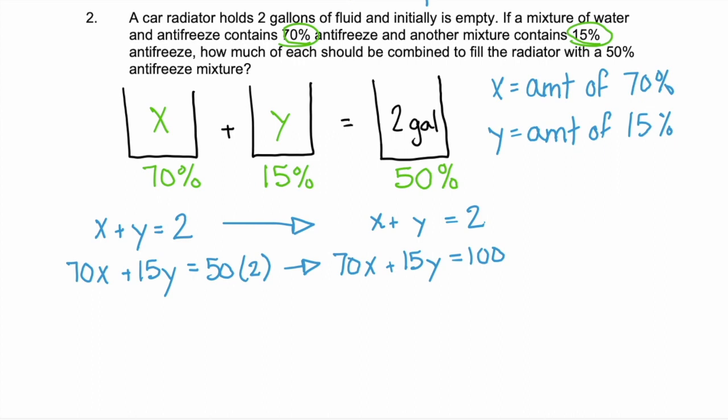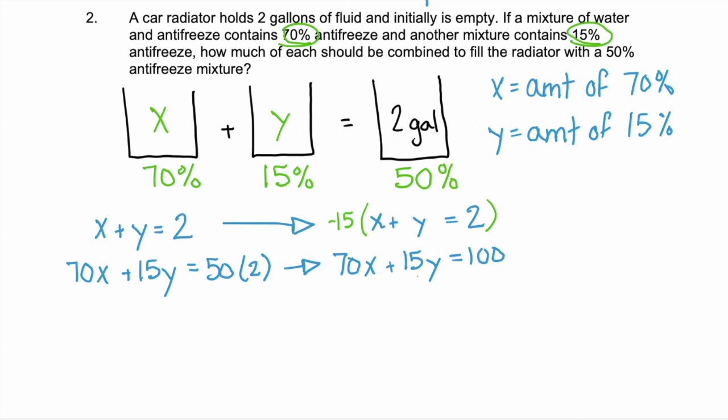Now we want to be able to easily add these equations together and have one of the variables eliminated. I like to pick the variable that has the smallest coefficient. So here that would be 15y. So we're going to multiply that first equation by negative 15. Because if I multiply by negative 15, my y term becomes negative 15y.